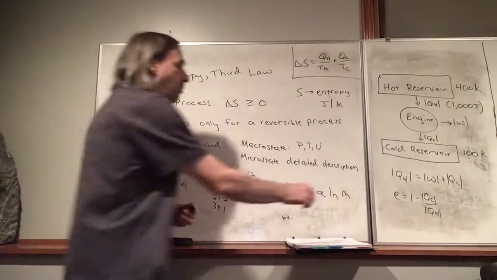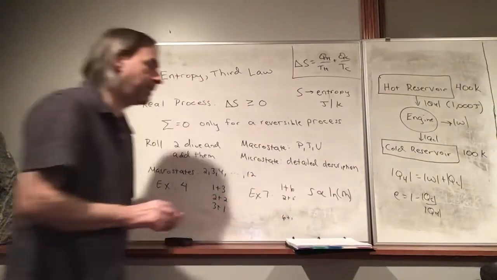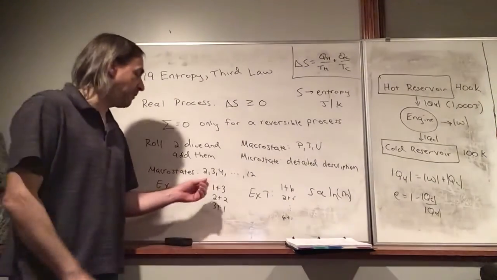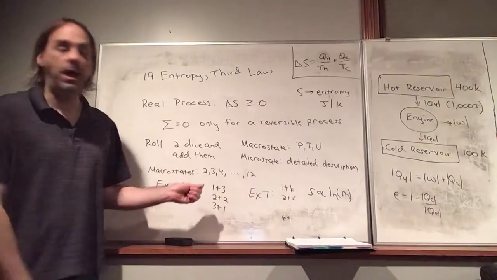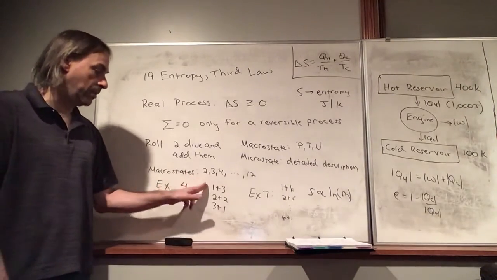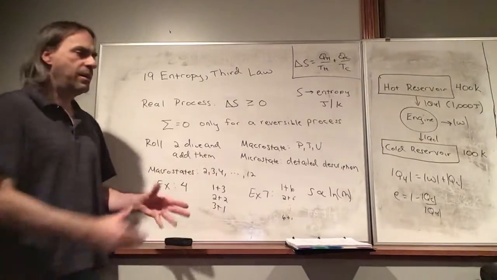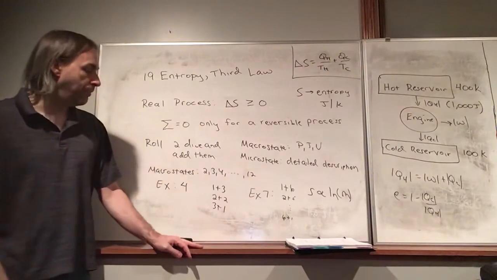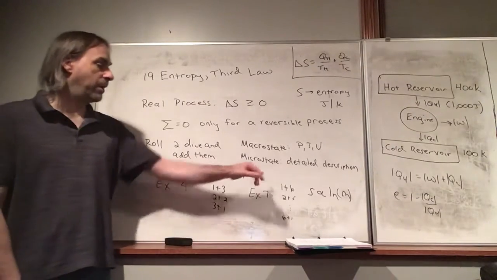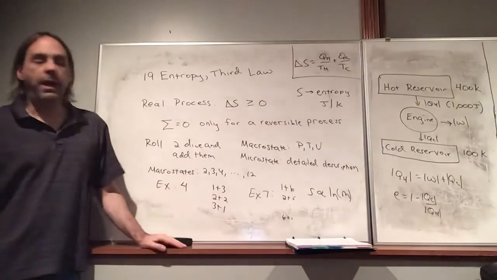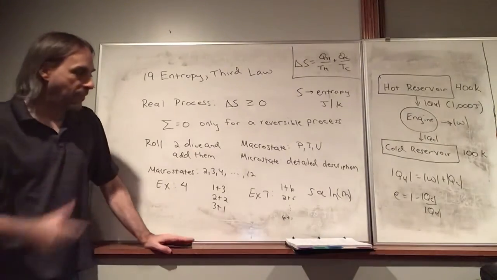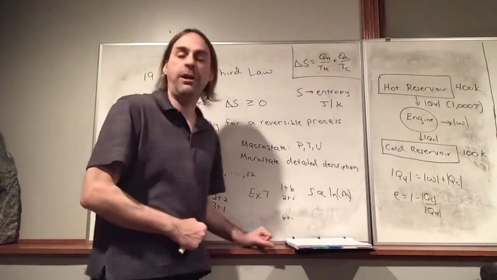So that's the natural log of that. It's very easy to see if your macro states are the sum of 2 dice, and the micro states are, die 1 is this, die 2 is that. You can imagine 3 dice as well, so you'd have numbers from 3 to 18. And again, this relates to this idea of entropy.